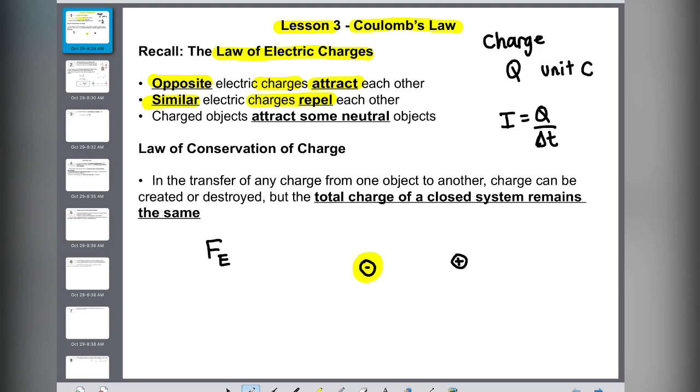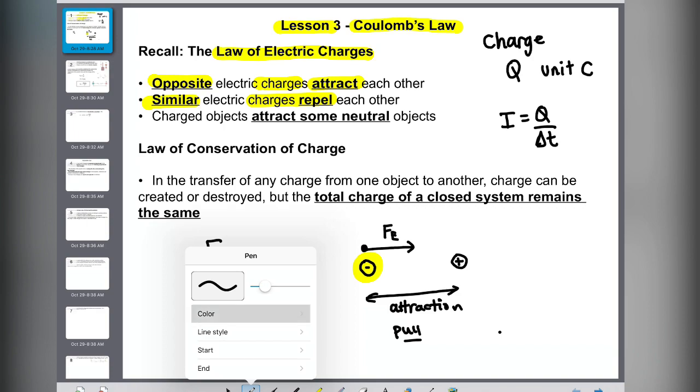The answer should be it's going to the right. The reason for that is positive and negative actually have an attraction together, right? So when they're attracted to each other, that means they're going to have a pull. So from this point, I'm going to be feeling a pull towards the right, okay?